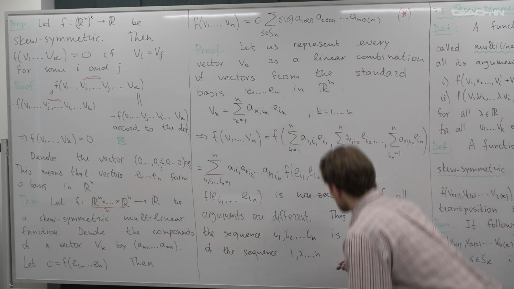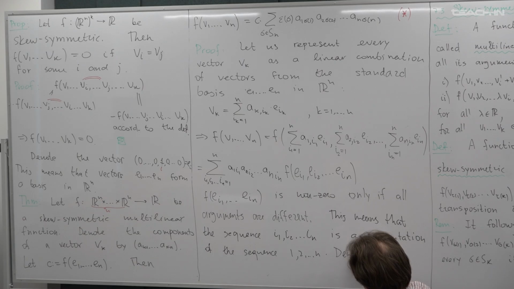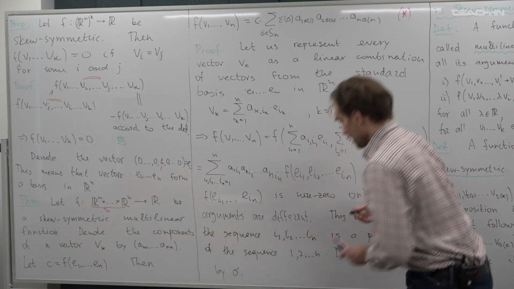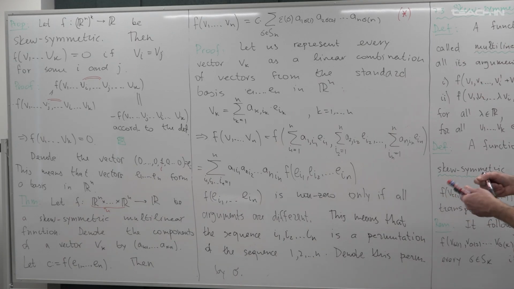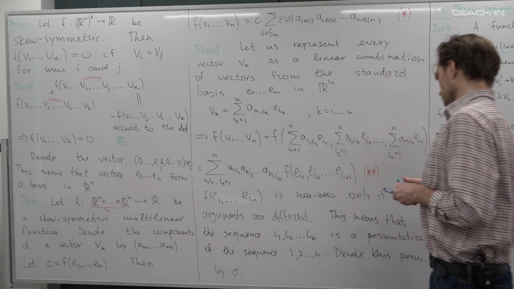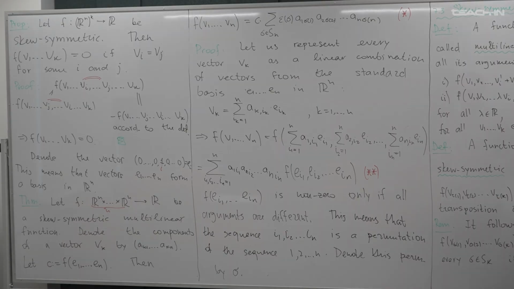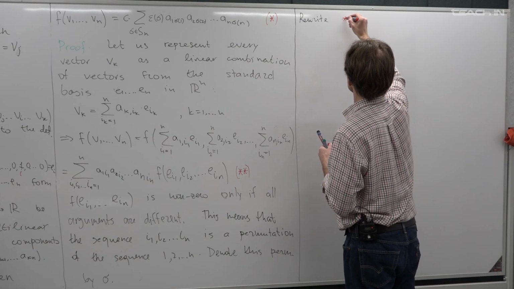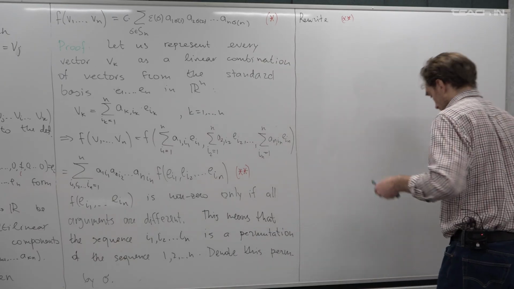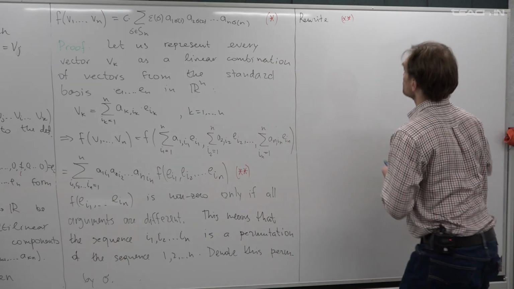Okay, so denote this permutation by sigma. And now I'm going to rewrite the formula we get using this observation. I'll denote this formula by 2 stars, the last formula using the observation we just made.